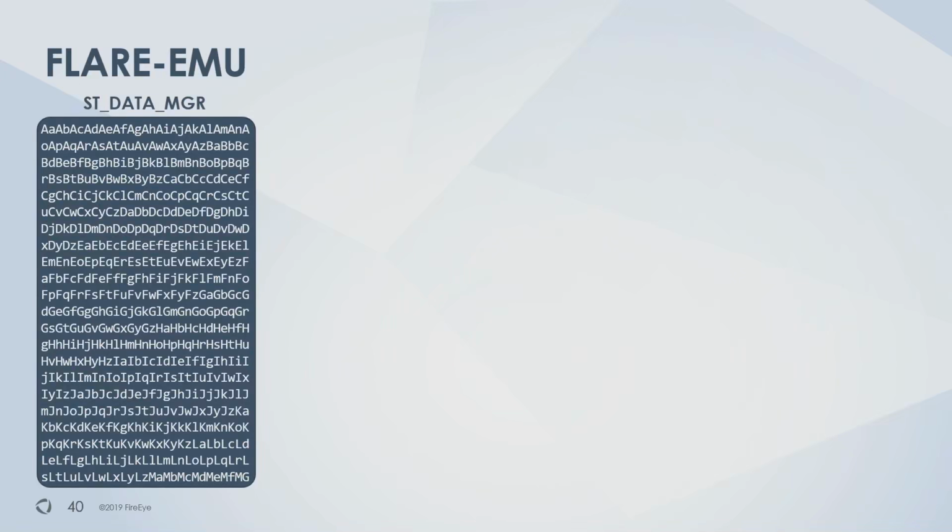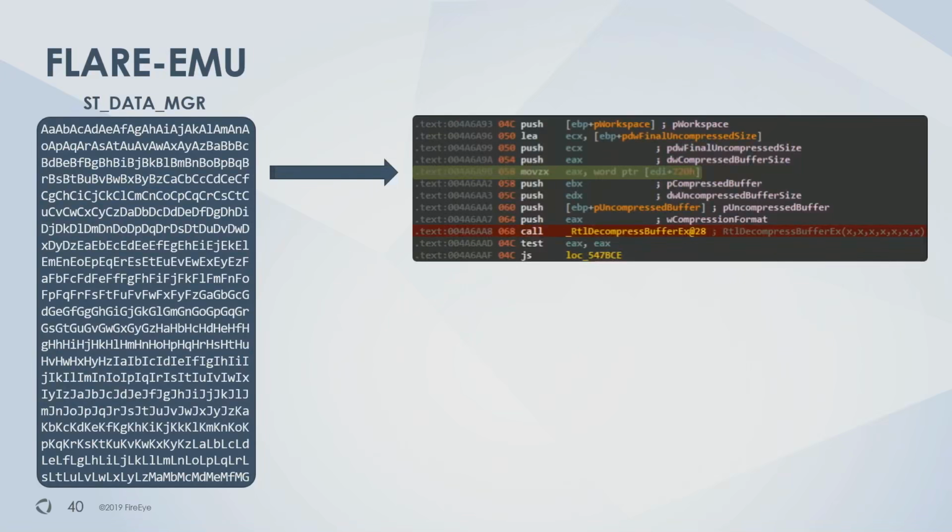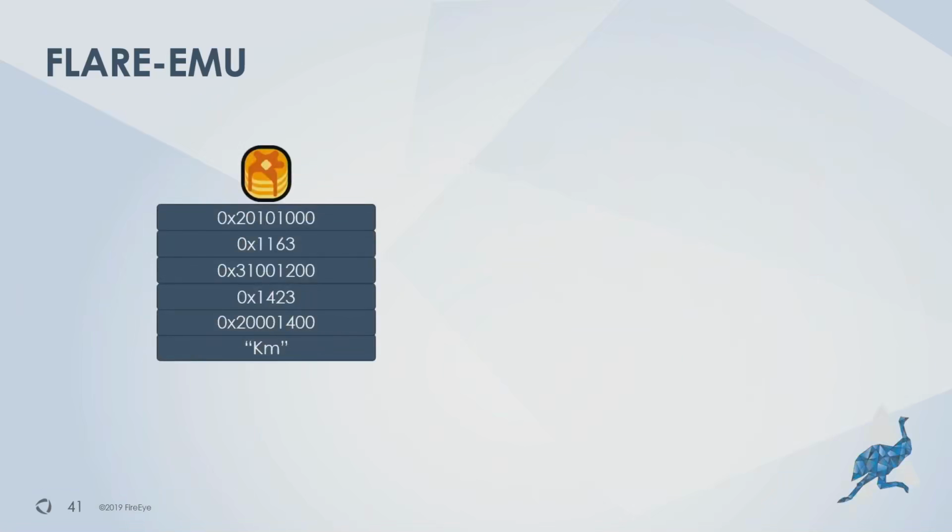Well, one option is to create a unique non-repeating pattern using Flare-EMU and load that into the ST data manager structure. I think a lot of people here are familiar with techniques like this, like in shellcode crafting, for example. At that point, we can let Flare-EMU run, and then view the context, specifically the stack, and look for what we expect to see.